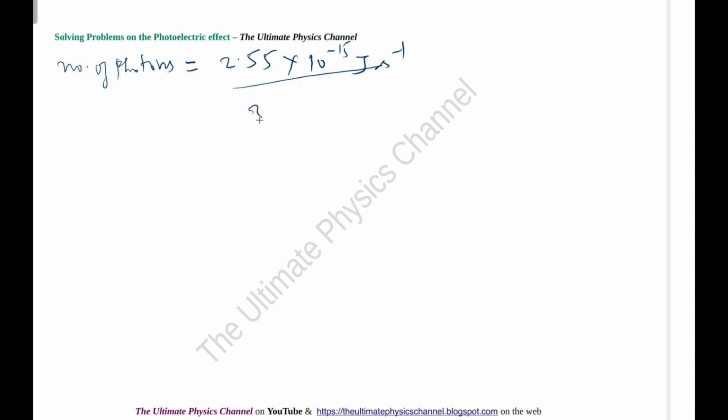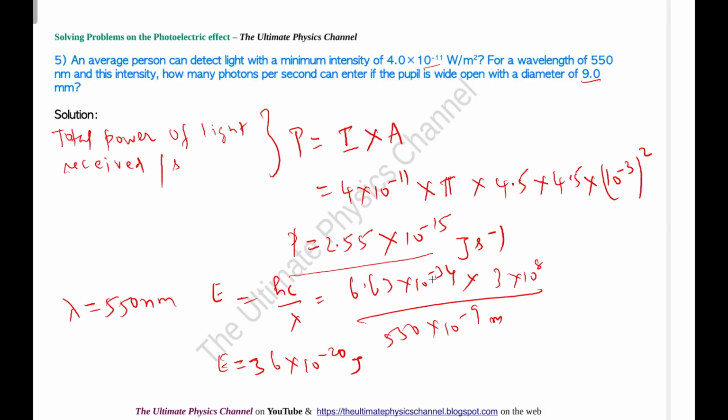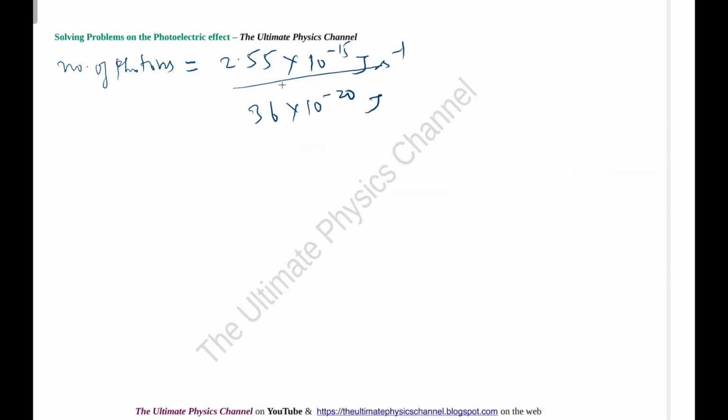What we have again here is 36 into 10 power minus 20 joules for the energy of each photon. You see, there is a 36 into 10 power for this one, and we have 2.55 into 10 power minus 15 for this other one. That is the total energy received by the eye.